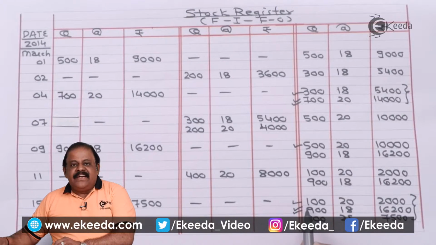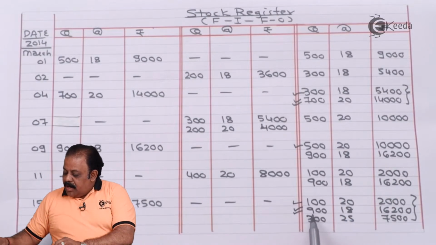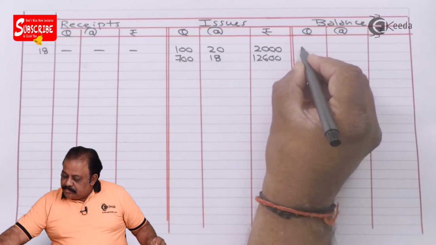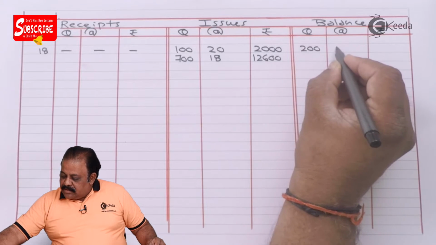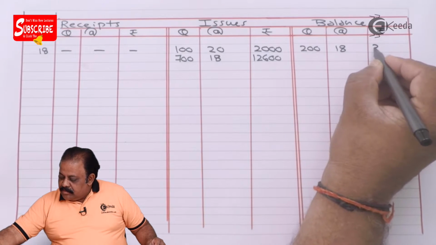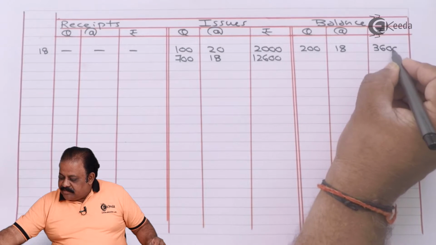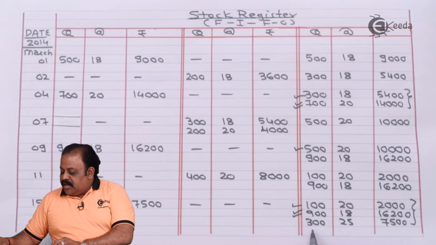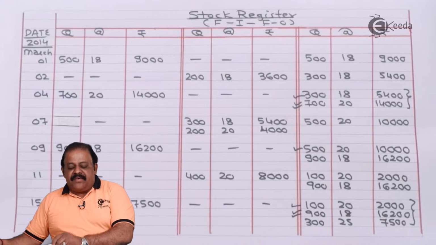Now first stock is entirely issued, 100 units. Out of these 900 units, 700 units are issued. So balance are 200 units at the rate of 18. Value 3,600. This stock is not issued, 300 units at the rate of 25.